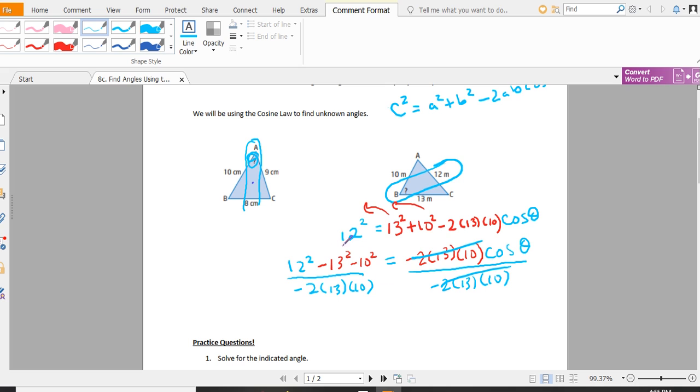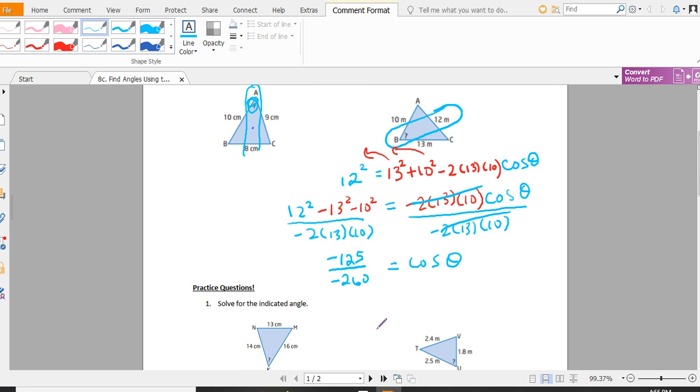Okay, which means I'm going to type all this into my calculator, see what I get. 12 squared minus 13 squared minus 10 squared. So this will equal negative 125 over negative 2 times 13 times 10, which is negative 260, equal to cos theta. And now I could do inverse cos to both sides.